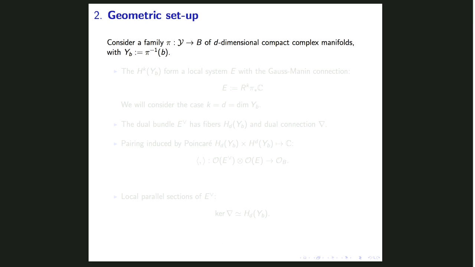All right, so let me start with the geometric setup. Consider a family which I call pi. The total space is Y and the base space is B, a d-dimensional compact complex manifold.